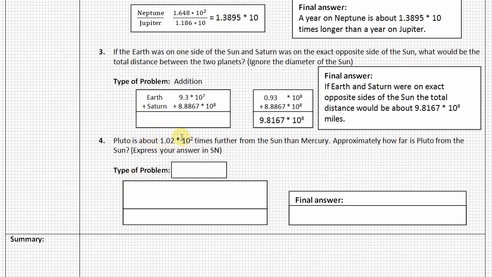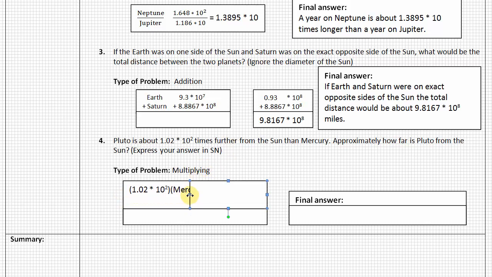So we know that Pluto is this much times further from the Sun than Mercury, and from our chart we know how far Mercury is. So we should be able to multiply this value times the distance that Mercury is from the Sun. So this is a multiplication problem. We're multiplying.